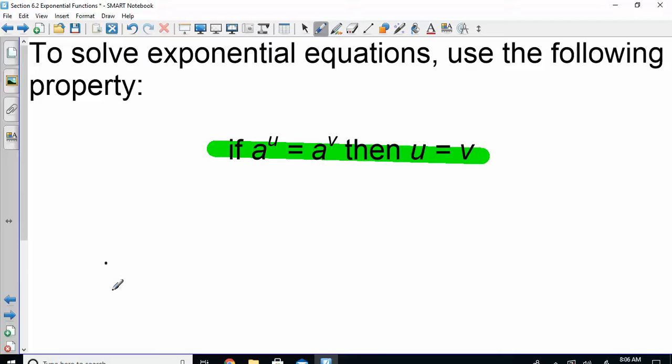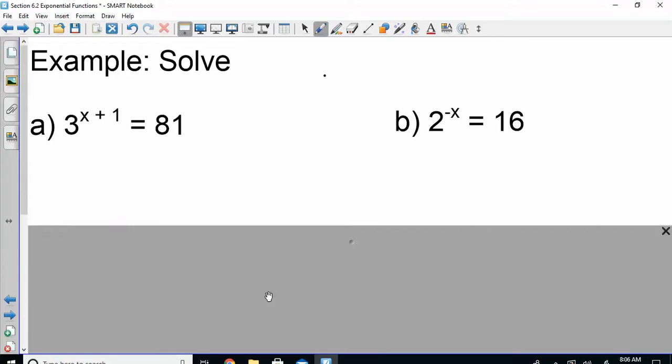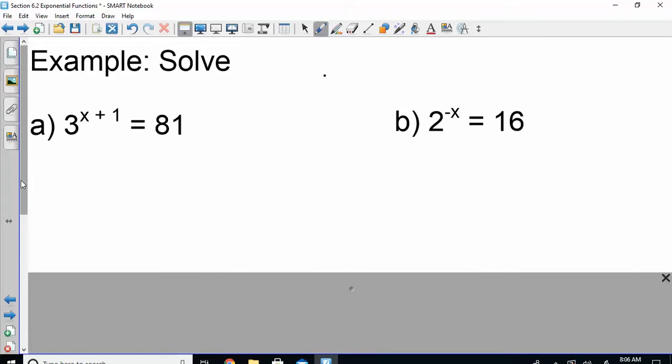Alright, so our first example. 3 to the x plus 1 power equals 81. So I need to somehow rewrite this so that they each have the same base. 3, I can't break that down at all.